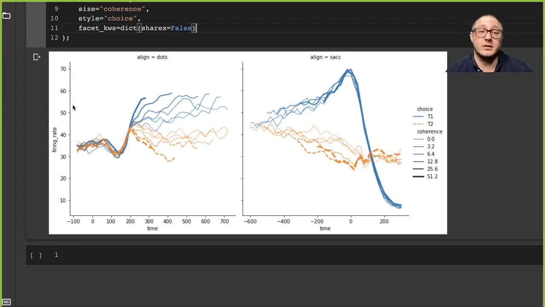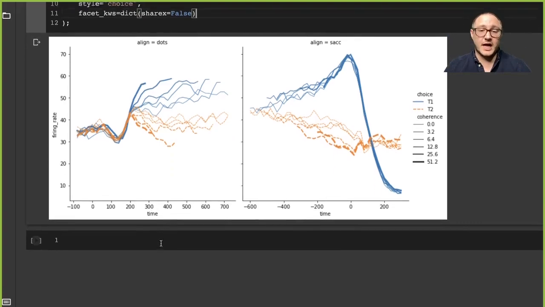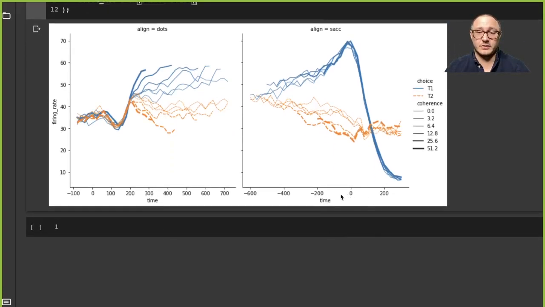If you want to turn off the shared axis for y, you could do so by using sharey equal to False, depending on your needs. But in this instance, our times are different. This is negative 600 seconds, and this is negative 100 seconds. So you can see that there is a difference between the x-axes.